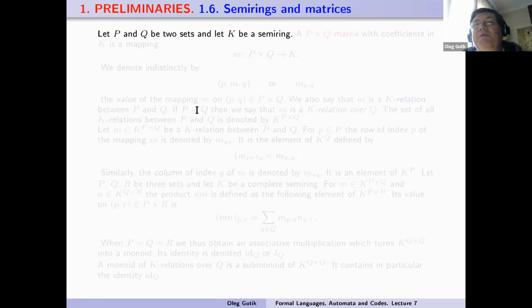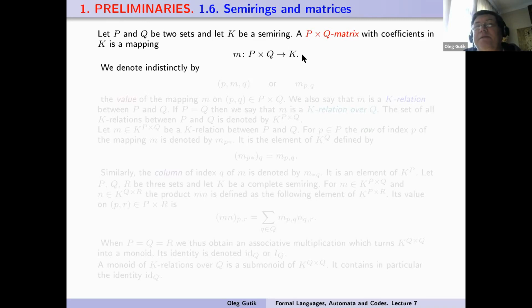Let P and Q be two sets, and let K be a semiring. A P times Q matrix with coefficients in K is a mapping from the Cartesian product P times Q to the semiring K. We denote it indistinctly in this way or that way, the value of the mapping M on the ordered pair.